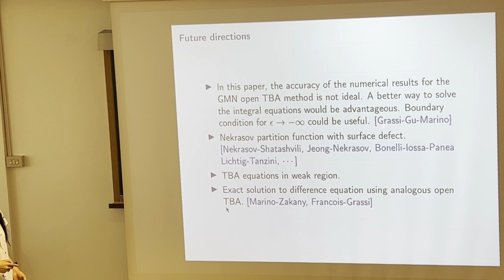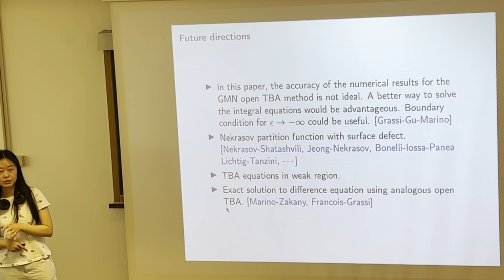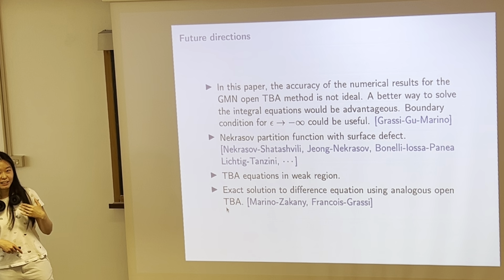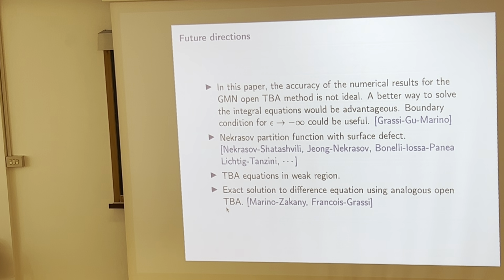For example, in the work by Grassi, Gu and Mariño, the approach they take is to use some identification of the quantum period with the Fredholm determinant, and then further using some integral calculus expression coming from some compactification from 5D to 4D. And here it will be nice if we can also find such a boundary condition to improve the accuracy.